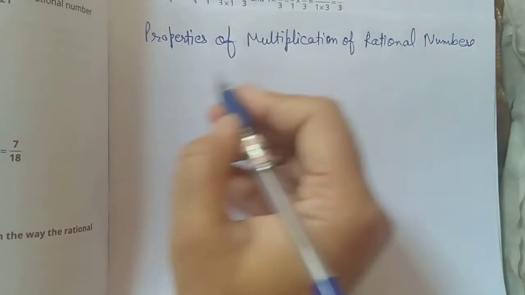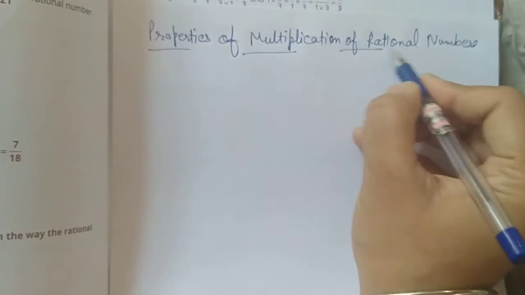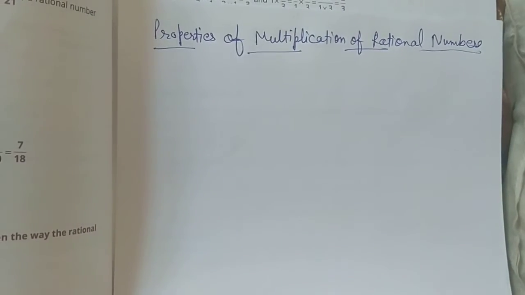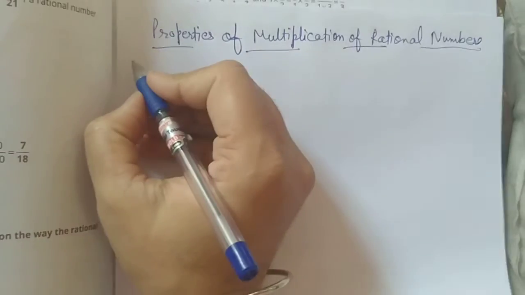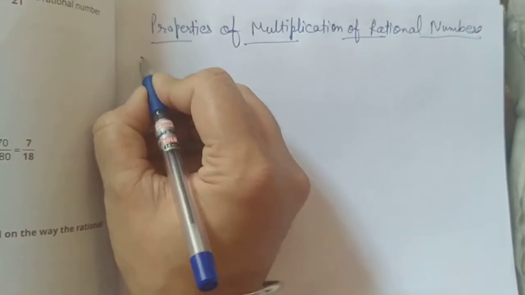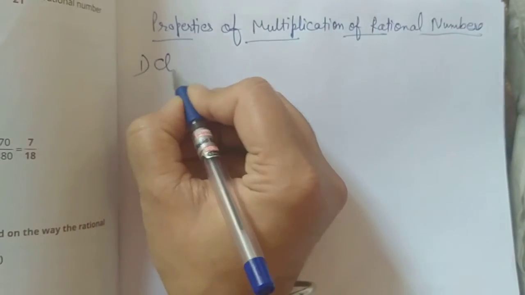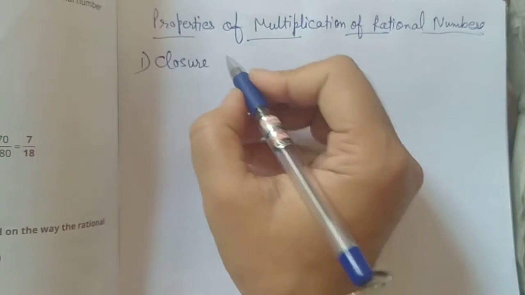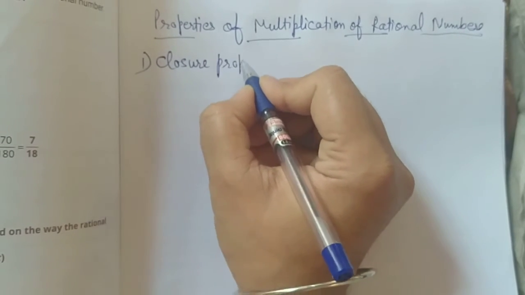Previously we have done the properties of addition and subtraction of rational numbers. So your first property is the closure property. We have done closure property in addition and subtraction also.